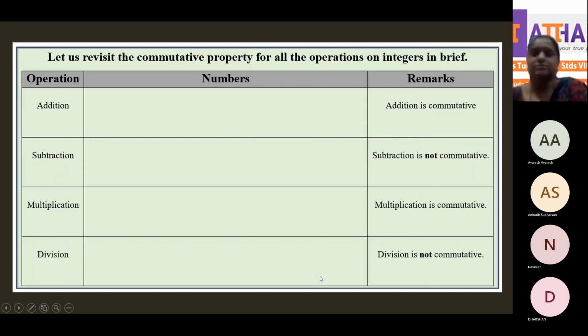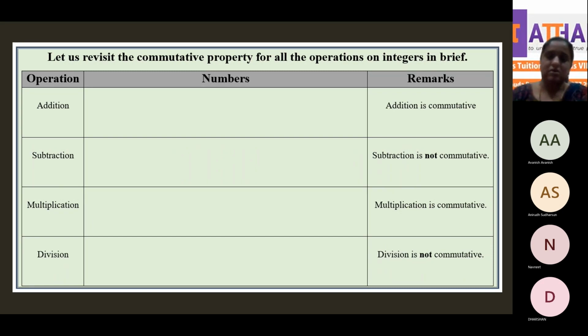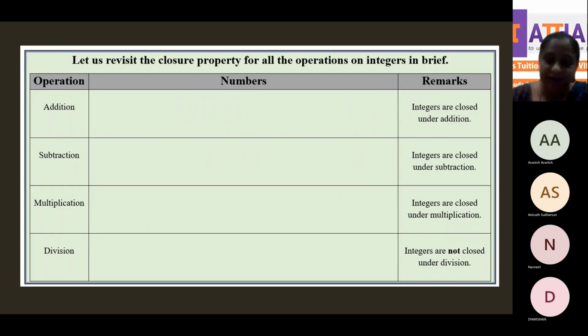You have told us to take a screenshot. In the numbers, what must we write? Any one example of your choice? Okay, ma'am.